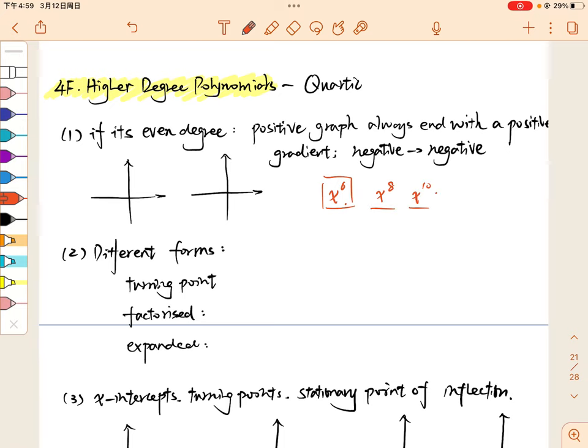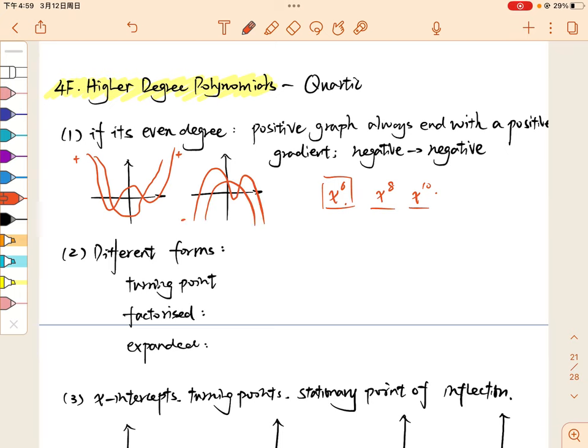Because these functions are even, that means in general shape, if it's positive, the graph will always end with a positive gradient. So your graph would always be like this. No matter how many intercepts you have or where they are, you start from positive and end with positive. But if your graph is a negative function, then your graph would always be like this.